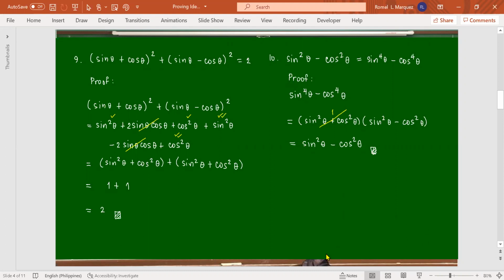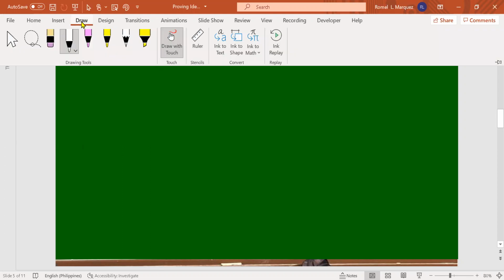Okay, so let's now have this 11th one. Tangent squared theta minus sine squared theta, and this is equal to, sorry, it's not cosine to the fourth. Let me check it. It is sine squared, no?